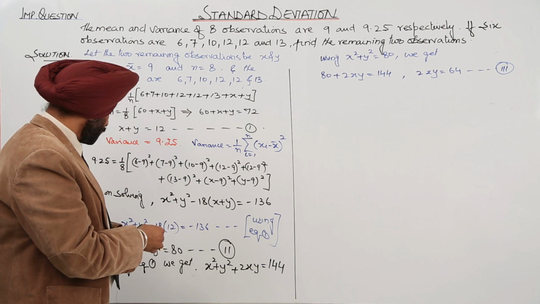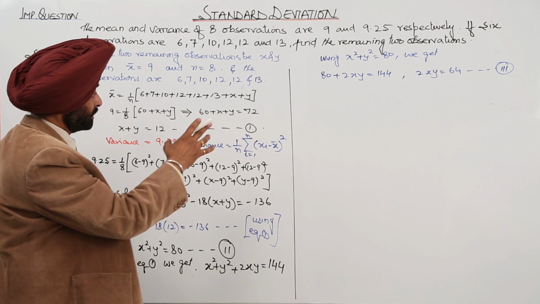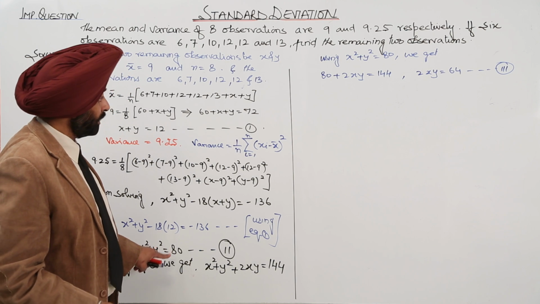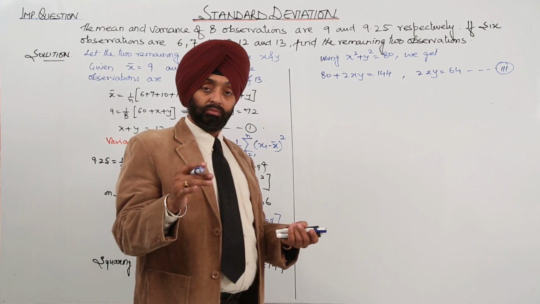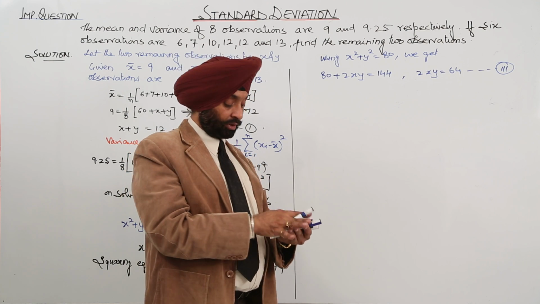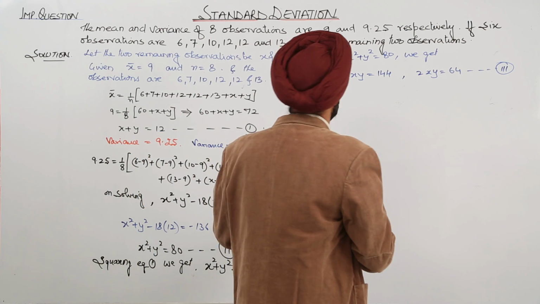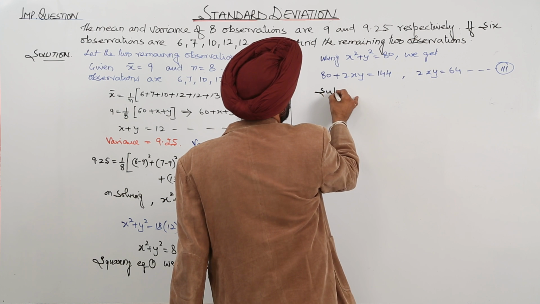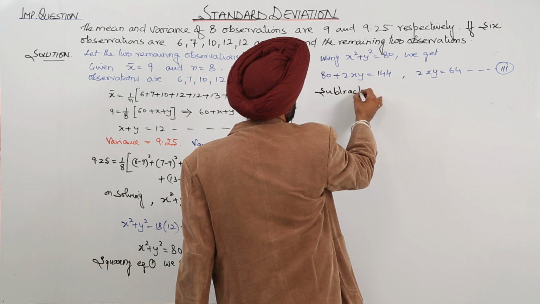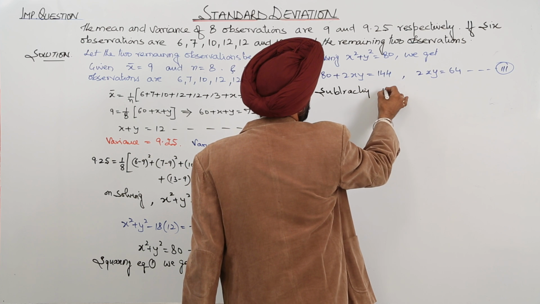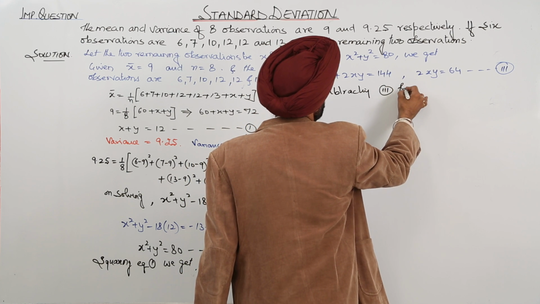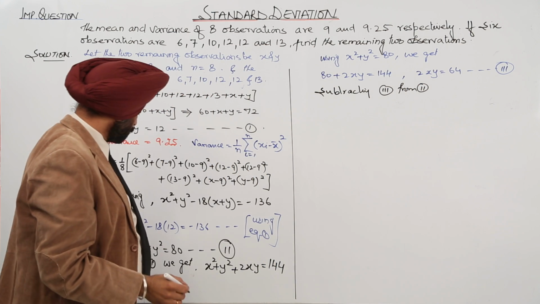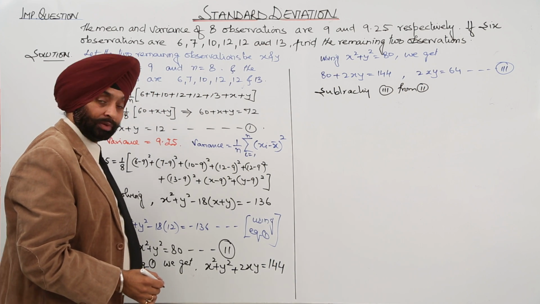Now what we can do is, just look, it is given 2xy is 64, here x square plus y square is equal to 80. So just to simplify in a systematic, easy way, I am subtracting 3 from 2. Now 2 is what? X square plus y square.